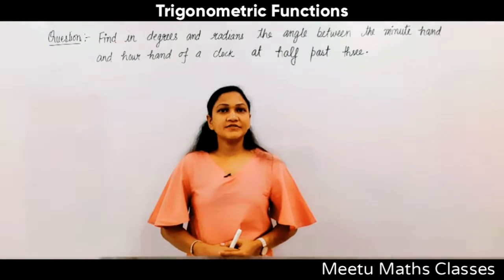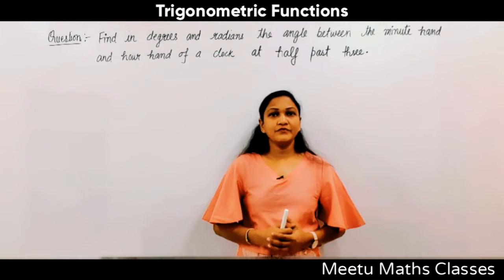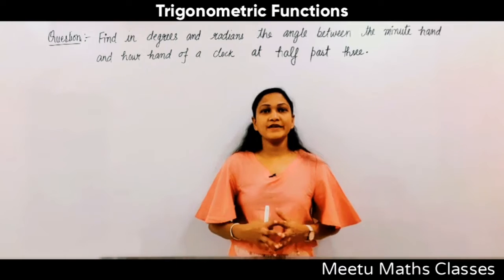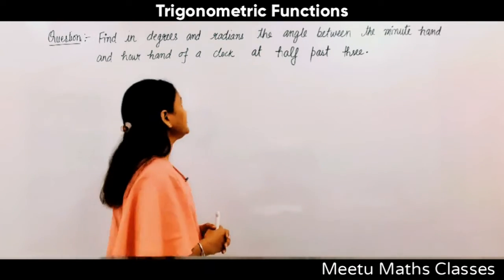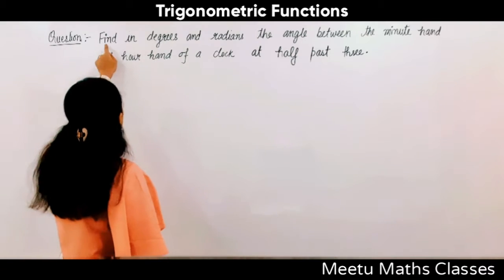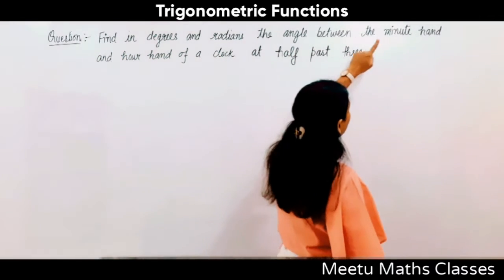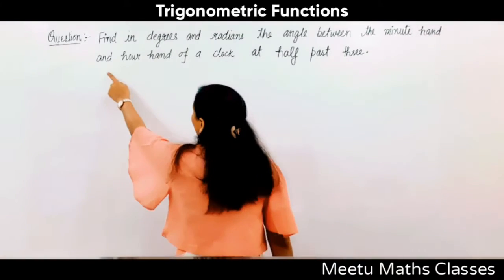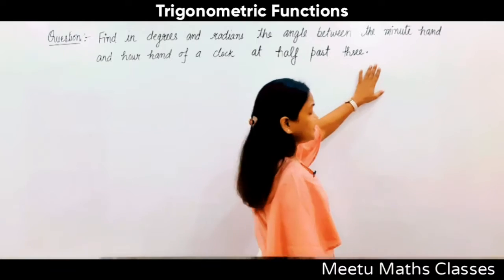Today's topic is trigonometric functions, and in this particular question we are going to discuss measurement of angles. So let us start with the question. Your question is, find in degrees and radians the angle between the minute hand and hour hand of a clock at 3:30.